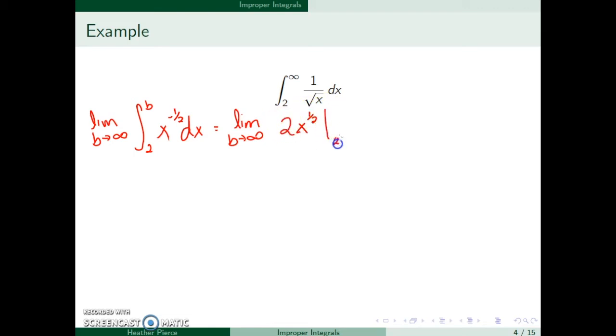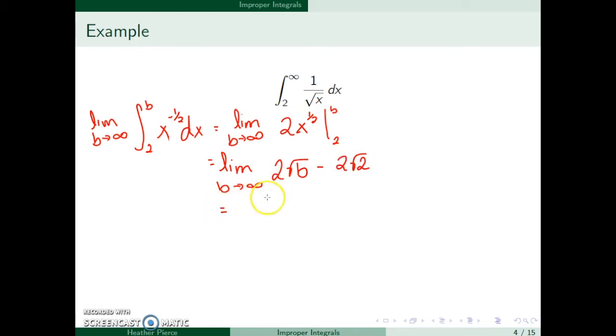We're going to take this between 2 and b. So the limit as b goes to infinity of 2 times the square root of b minus 2 square root of 2.